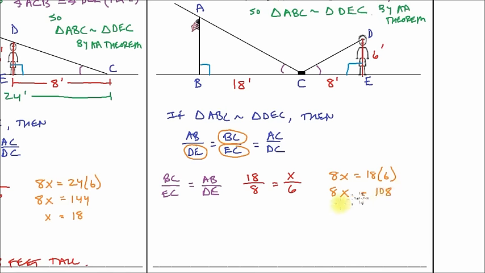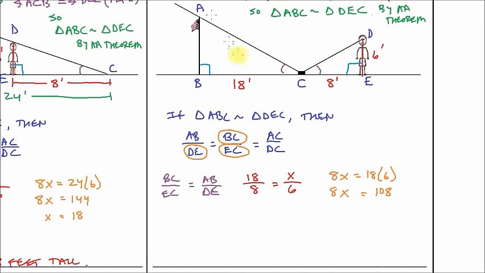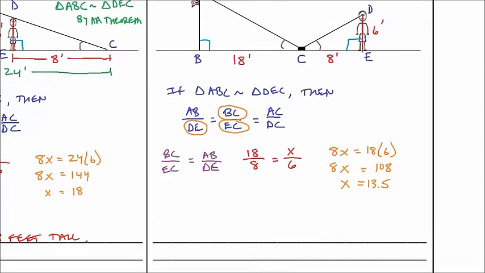We'll divide both sides by 8. Let's do it in the calculator. So we're going to divide 108 divided by 8. That gets rid of this coefficient, and that's equal to 13.5. So x is equal to 13.5. Since x is AB, there's the height of our flagpole. 13.5, and our unit of measure is feet, so 13.5 feet.